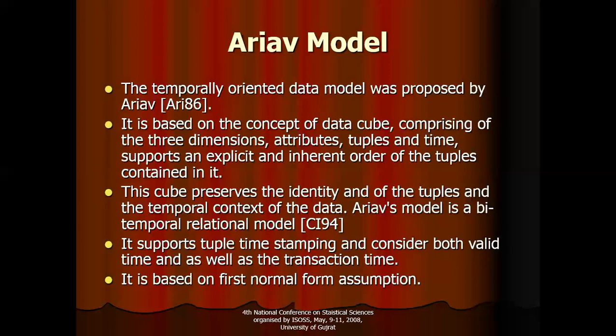So it supports an explicit and inherent order of the tuples contained in it. What does it mean? When I say explicit, it means those conditions are being represented. You can see yourself in the model that those are defined explicitly. When I say implicit, it means the structure is within that model, which you cannot see, but it is represented implicitly.